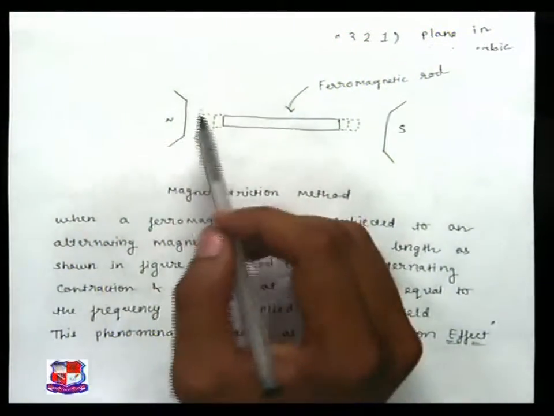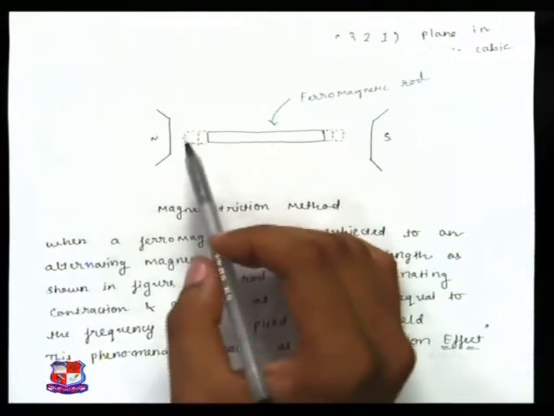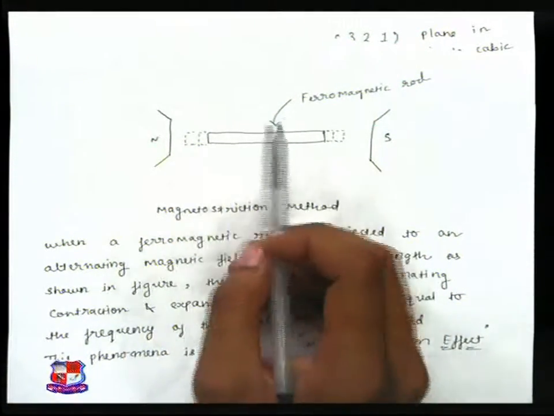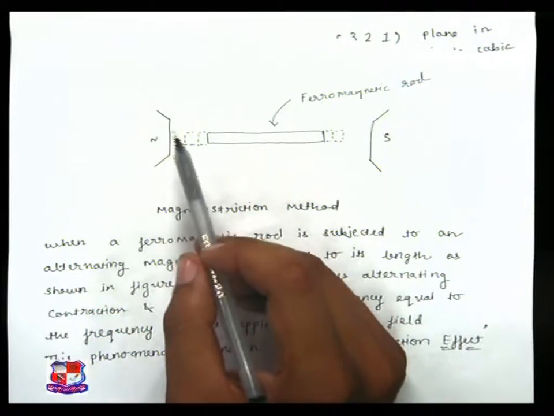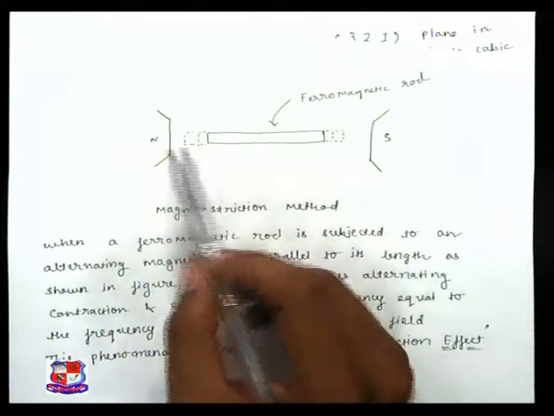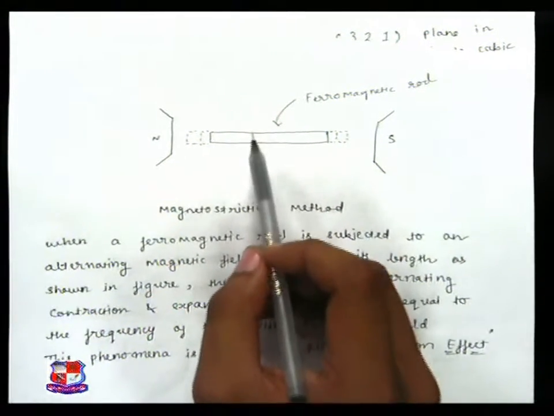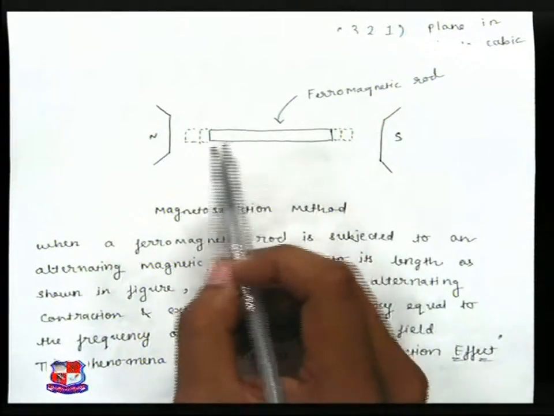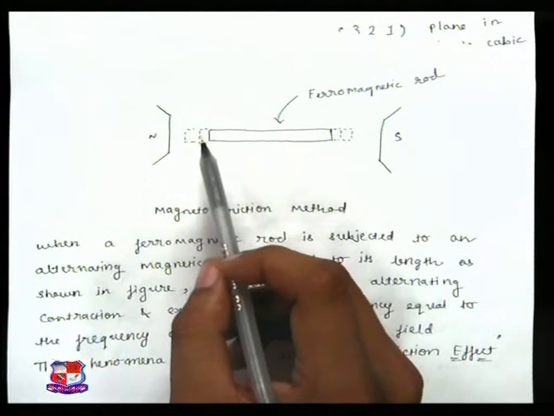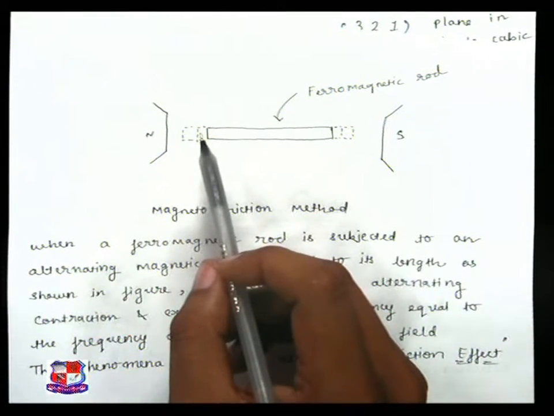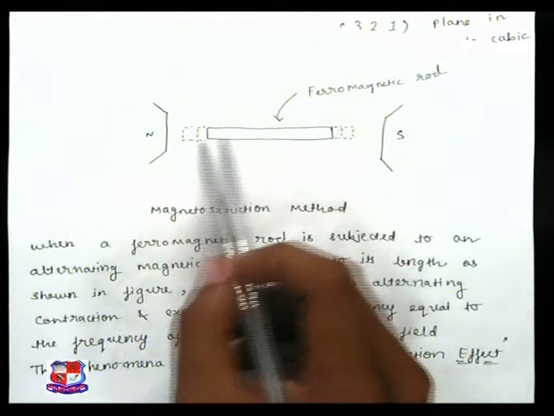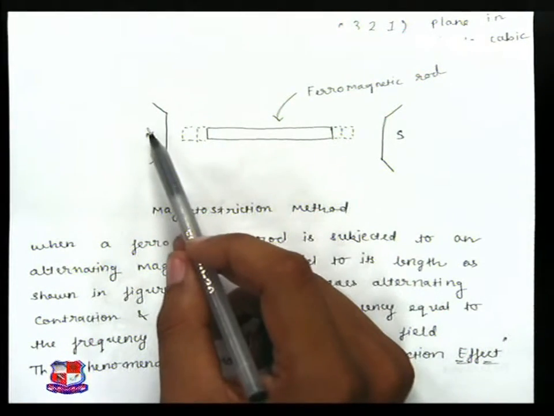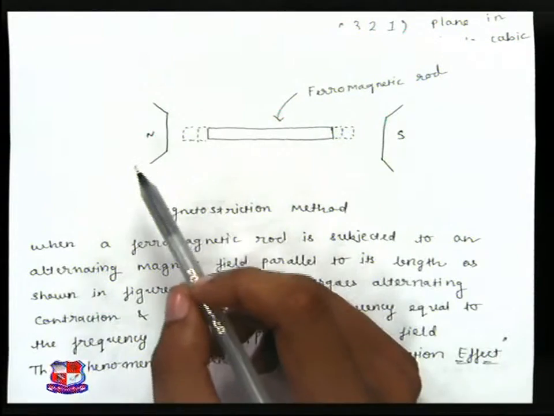That means when a magnetic field of some particular frequency is applied to this rod parallel to its length, the rod will start contracting and expanding, and it will vibrate with a frequency equal to the frequency of the applied magnetic field.